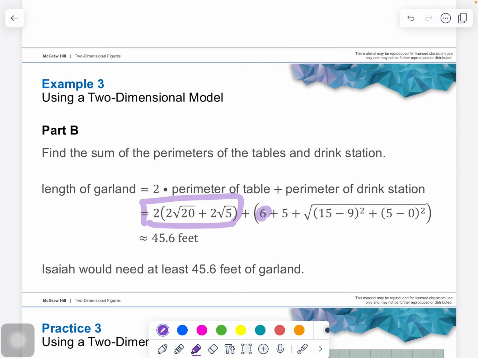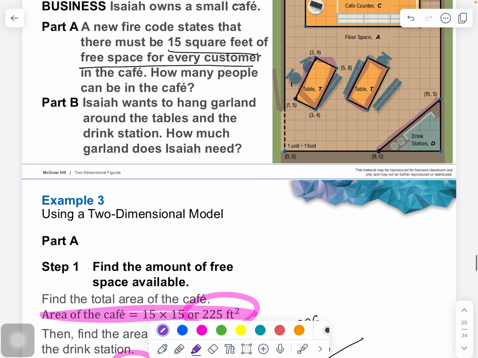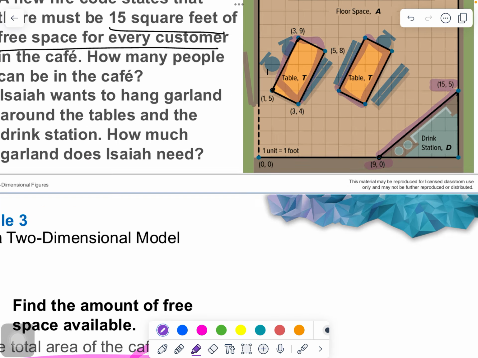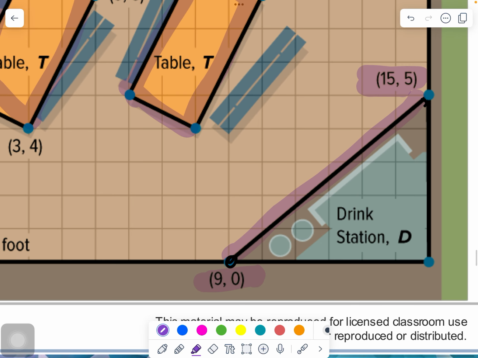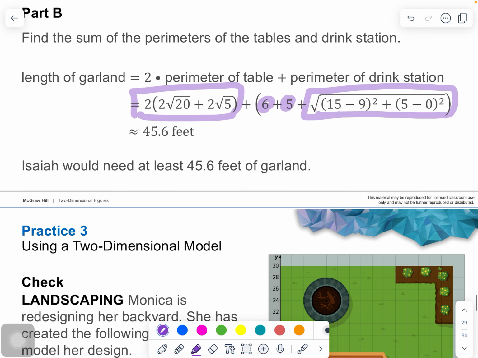So that was 6 and 5, and then they did that front side of it too, which was that angled. And so they did the distance formula for there. They used the points of it, which were, they used these points right there, 15, 5, and 9, 0. They did the distance formula. There we go. And when they add all of that together, they found that it was 45.6 feet of garland.